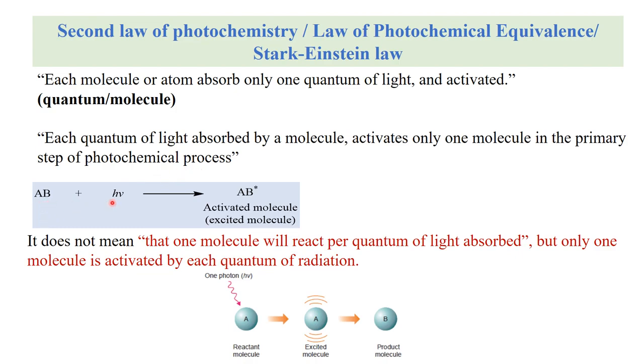Here is a molecule. When it absorbs one photon, it is activated or excited. But it does not mean that one molecule will react by absorbing one quantum of light. It states that only one molecule is activated by each quantum of radiation or photon of light.